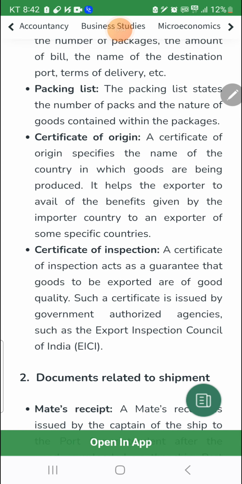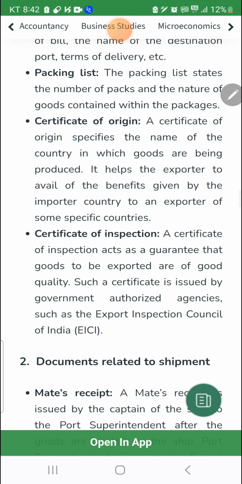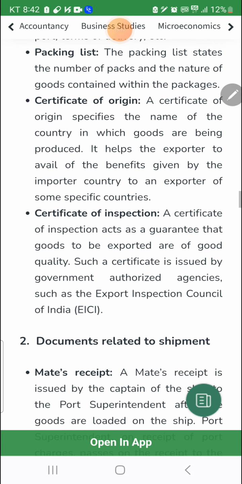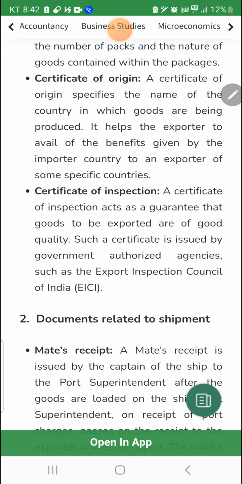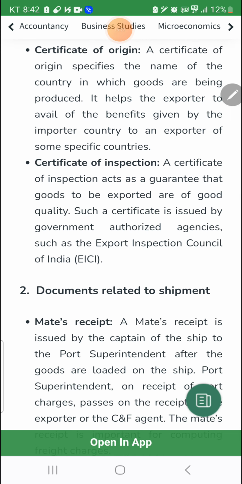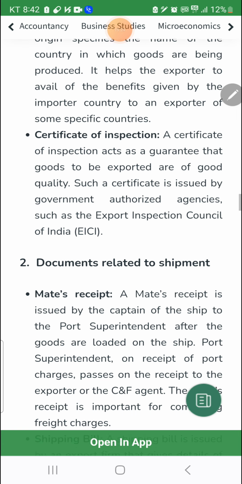Certificate of origin. A certificate of origin specifies the name of the country in which goods are being produced. It helps the exporter to avail of the benefits given by the importer country to an exporter of some specific countries. Certificate of inspection.